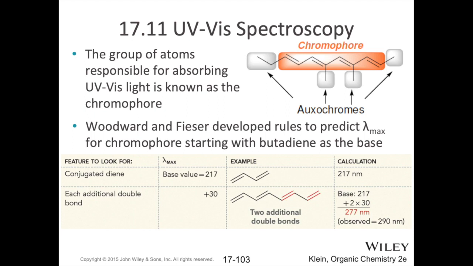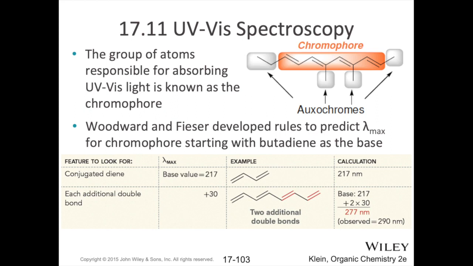So we look at how far this conjugated pi system gets extended. We add 30 nanometers for every extra pi bond. And then we also look for what are called oxochromes, in other words, substituents that are on this conjugated pi system.